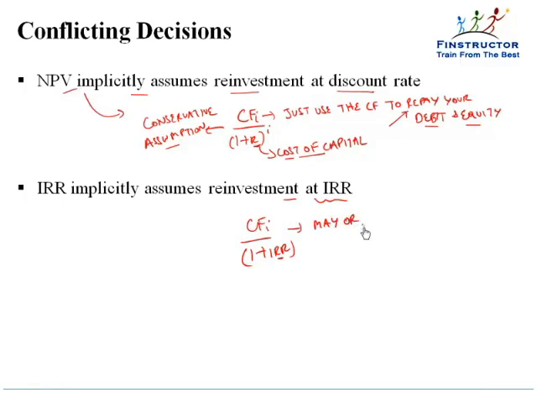Your one project may be very profitable, but doesn't mean that you will have reinvestment opportunities at the same rate. That's another reason why we prefer the NPV approach over the IRR approach, because this is a more conservative approximation that will always at least be true.